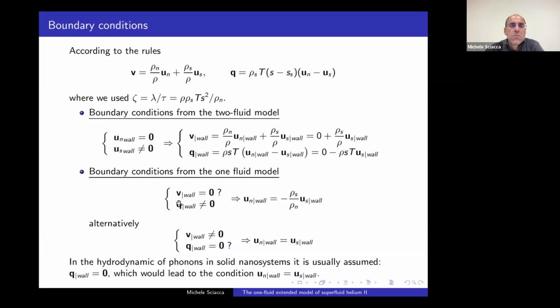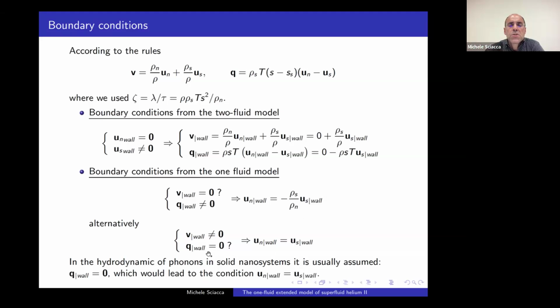If we change the approach, namely, I start from the one-fluid model, V on the wall should be zero, or I can choose Q on the wall zero. In the first choice, if V on the wall is zero and Q on the wall is different from zero, this would mean that UN is proportional to US. We are speaking about the values of UN, US on the wall.